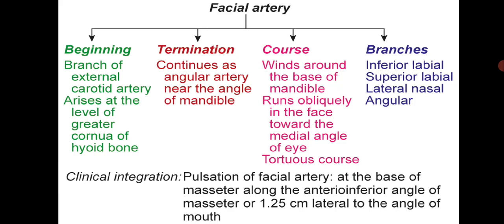Its branches are inferior labial, superior labial, lateral nasal, and angular branches. The clinical anatomy of the facial artery is that pulsations can be felt at the base of the mandible along the anteroinferior angle of the masseter, 1.25 centimeters lateral to the angle of the mouth.